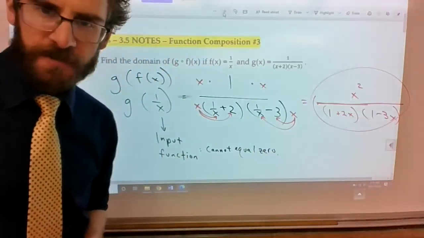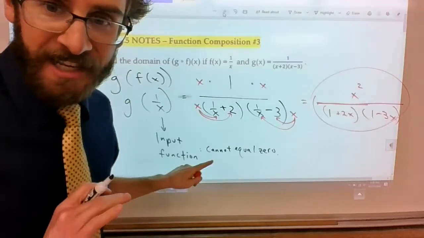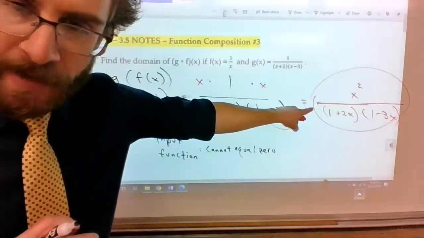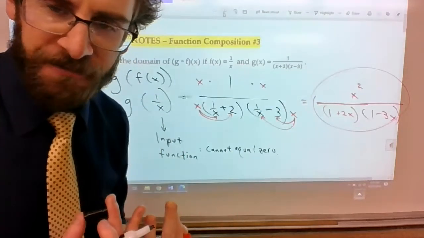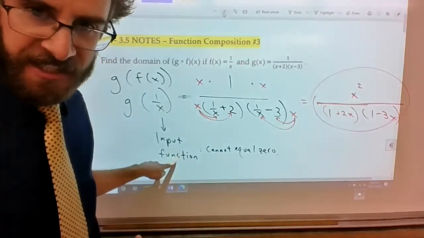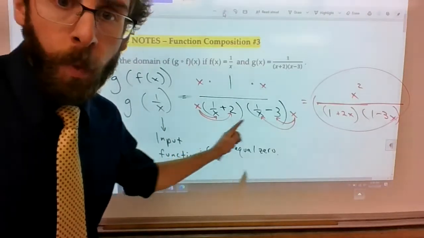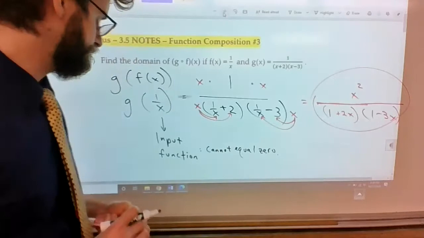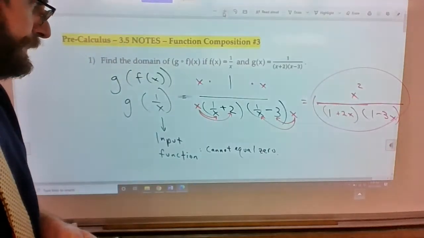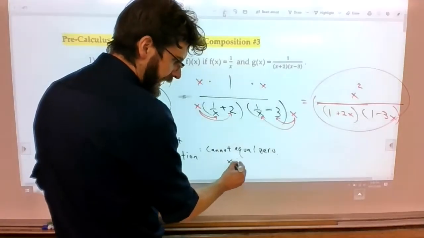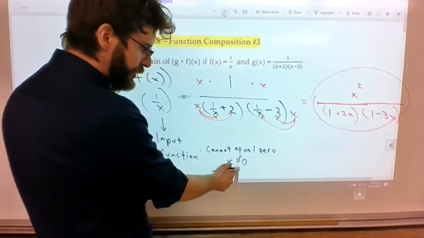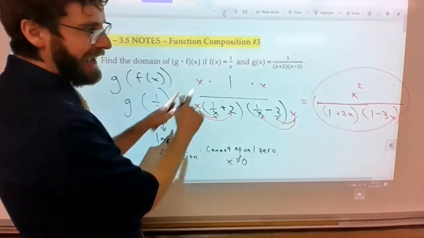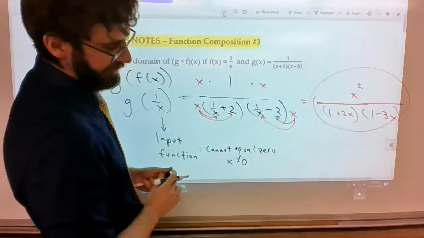So regardless of whether or not 0 is a domain issue for my composite function, if it doesn't fit the input function, then it won't fit the composite. So, in layman's terms, x can't be 0 is the domain of the original. Therefore, x also can't be 0 over there.